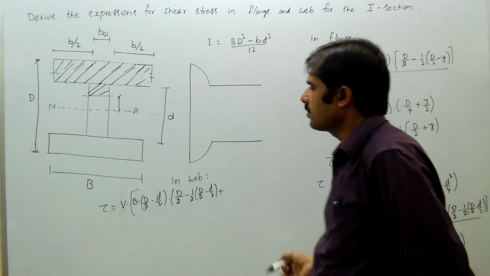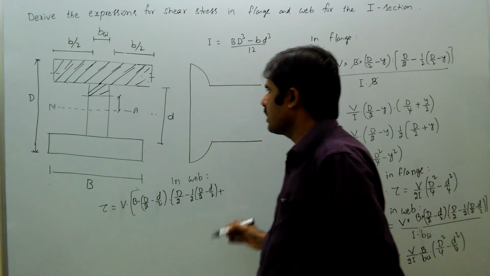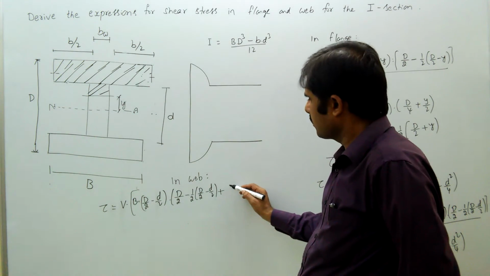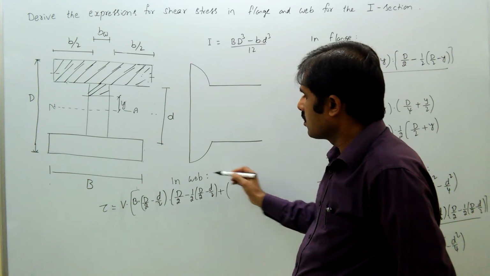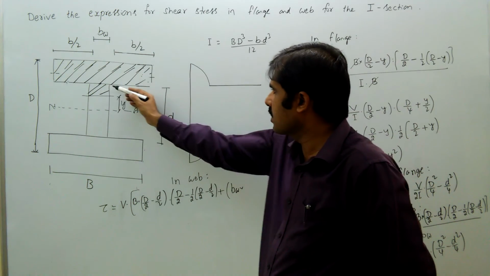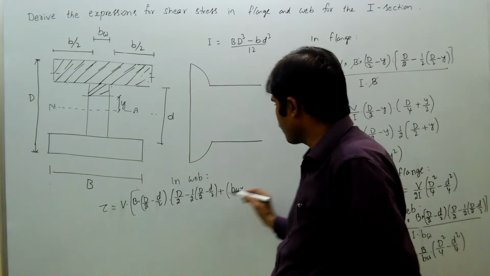this small area in the web, this is y. The width is breadth of web into this thickness D by 2 minus y.